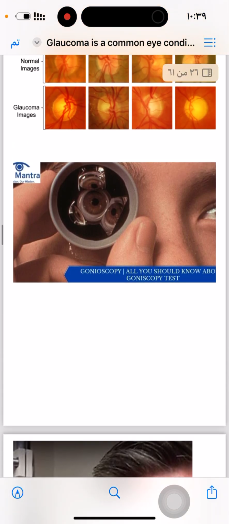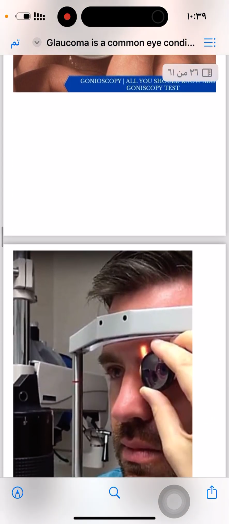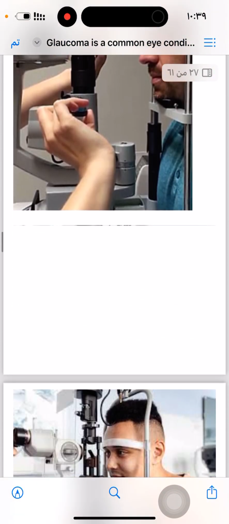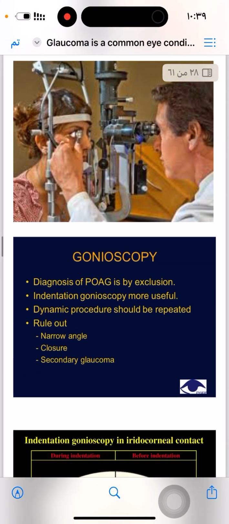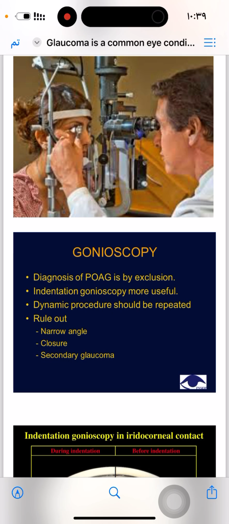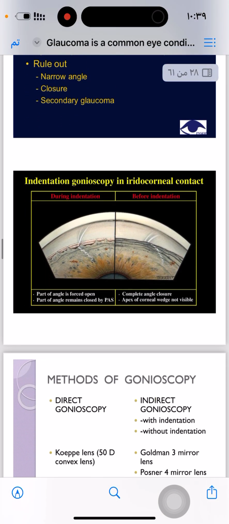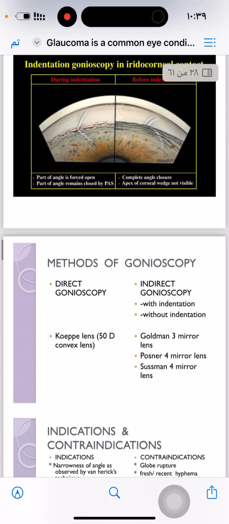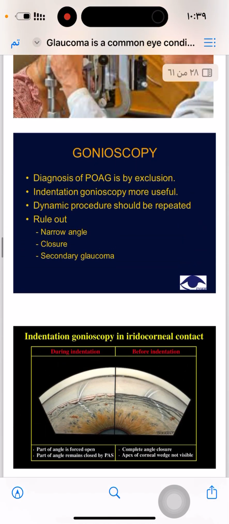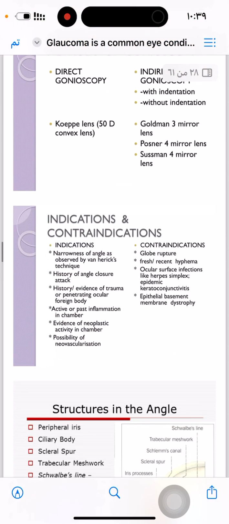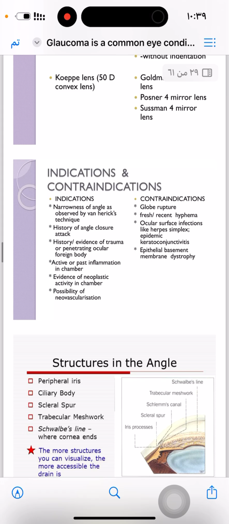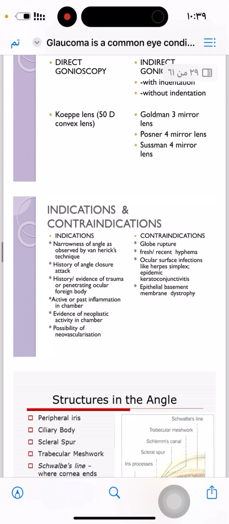This is another tool named gonioscope, as you see here. Gonioscope. We have many types, but the role of it is to examine the angle.